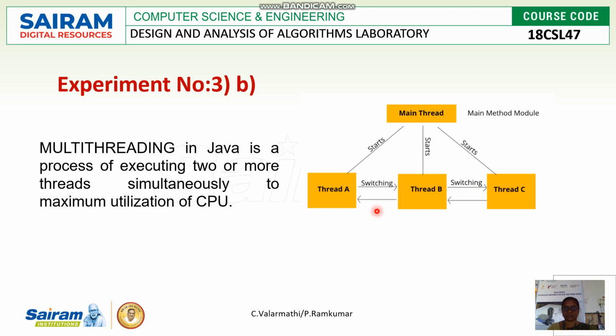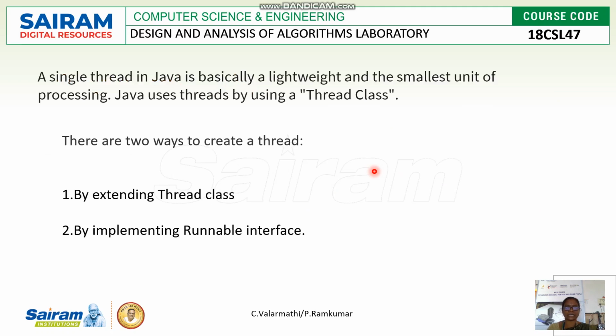Priority is an integer value assigned to each thread. Based on a request from a higher priority thread, the execution of the current thread will be stopped, and the higher priority thread will start its execution. All this we have studied in the theory of multi-threading. Let us move on to the programming part.